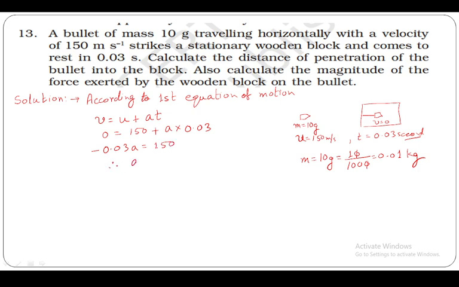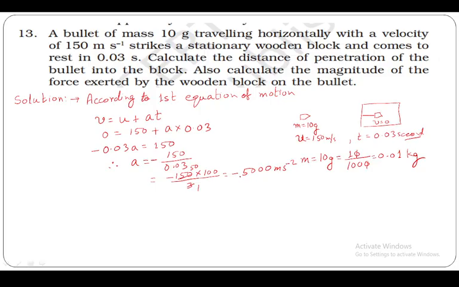Therefore, acceleration is equal to minus 150 by 0.03, that is minus 150 by 3 by 100, which is 150 into 100 by 3. So 3 fives are 15, and we get minus 5000 meter per second square.